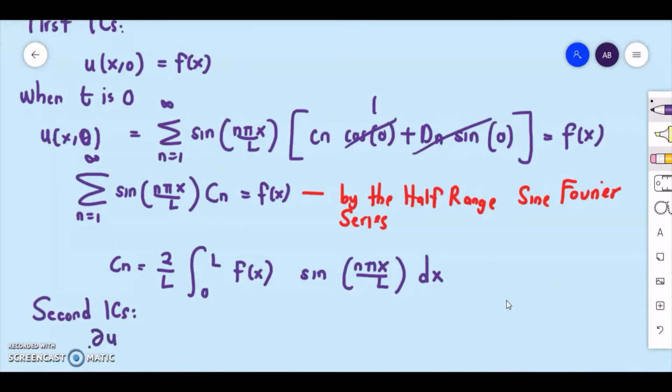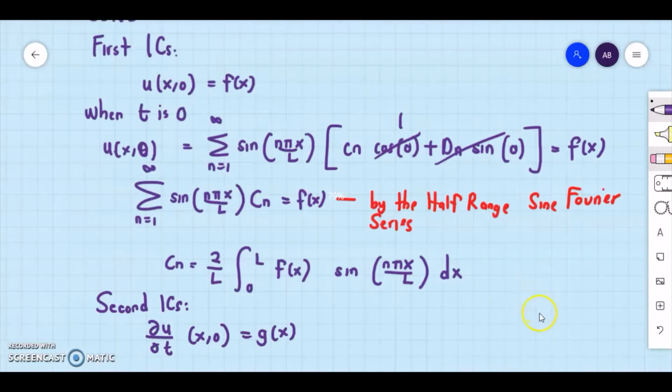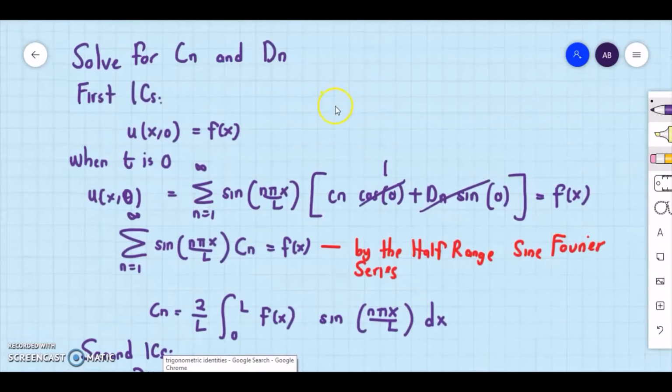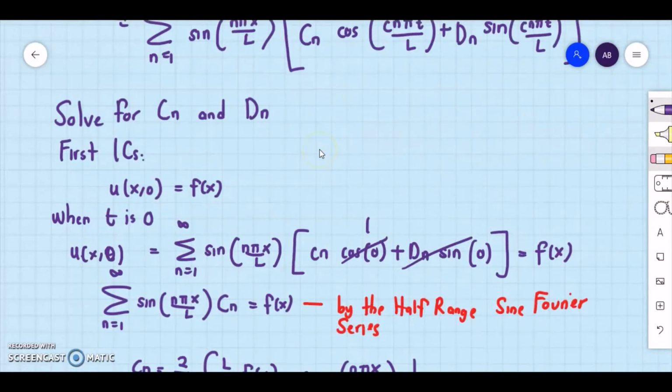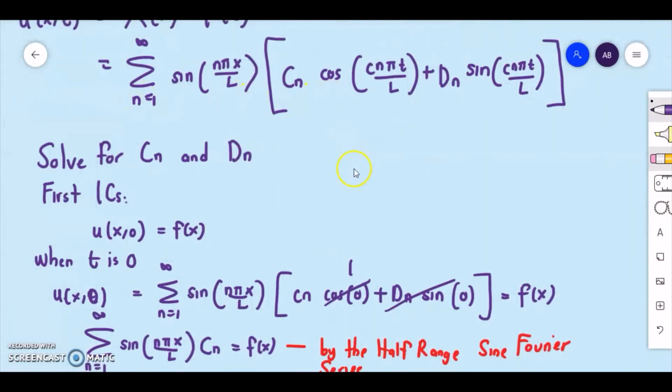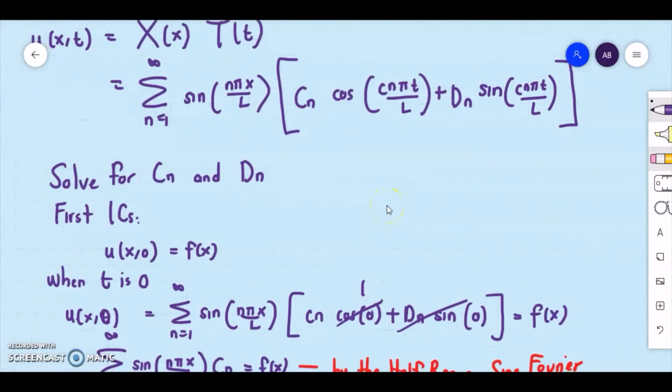So ∂u/∂t (x,0) equals g(x). What I gotta do here is differentiate my u(x,t) solution with respect to time. This is my u(x,t) solution, and this will be a constant.